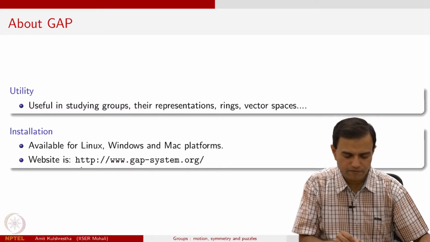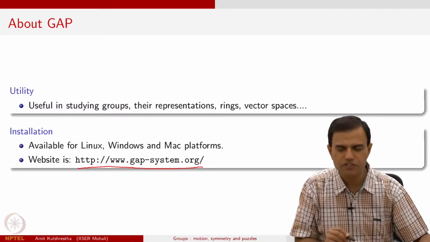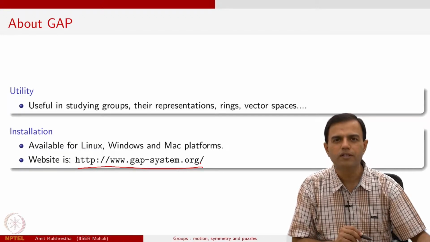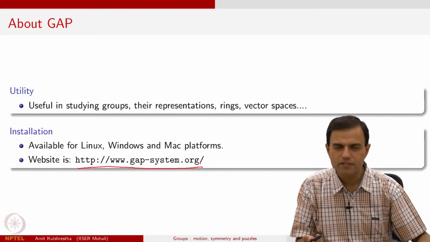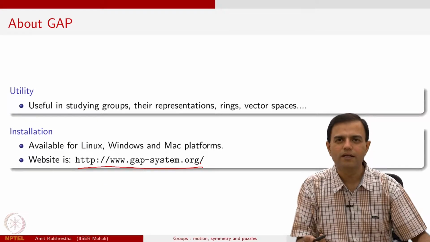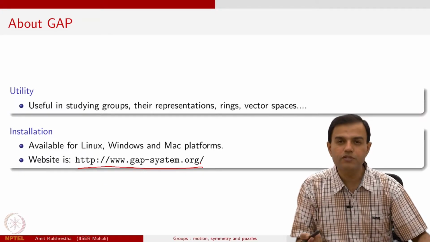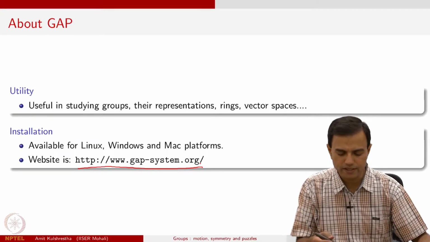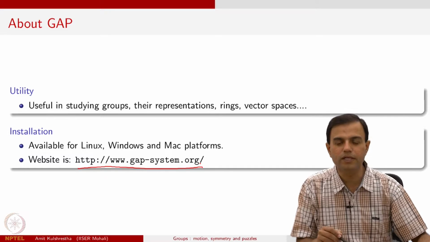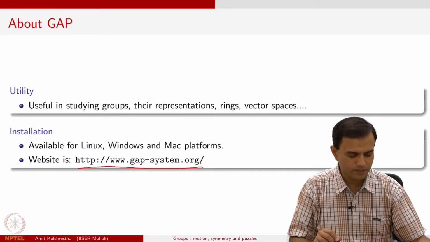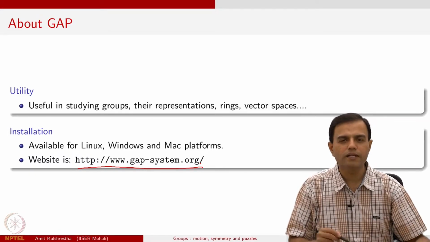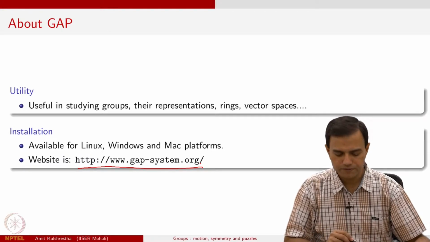And the website of GAP, gap-systems.org, is a free software and it's free in various senses. You can freely distribute it, you can make changes, you can contribute to it, you can make certain packages and donate them to the GAP systems, and it's all free of cost.